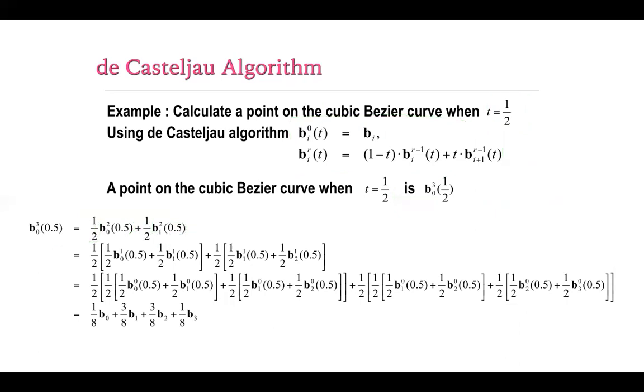You can substitute like this, and then you can come up with this one. If you know, or it is given b0, b1, b2, and b3, the 4 control points for the cubic Bezier curve, you can find the result. This is the way to complete the calculation of the point on the cubic Bezier curve at t equal to 1/2.